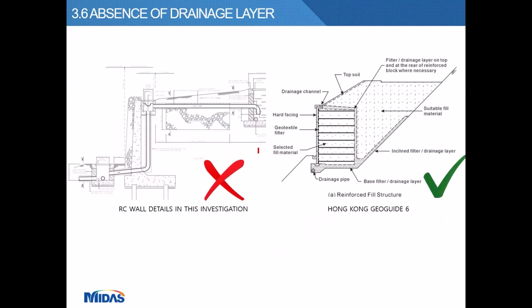And we also found that there was no drainage layer constructed at the back of the RC wall. Referring to Hong Kong Geoguide 6, it is good practice to provide a drainage layer behind the RC wall, which I will show you later how the water build-up behind the RC wall then caused the failure.